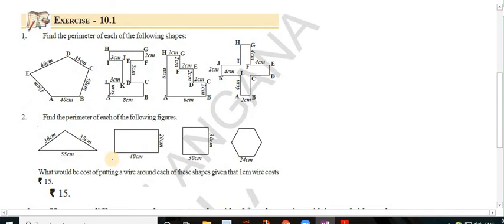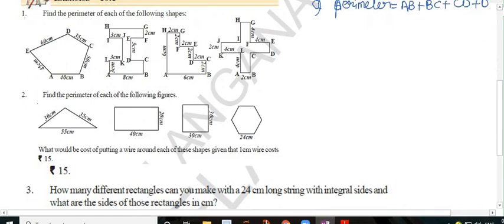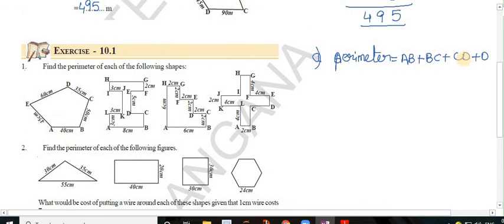Now our exercise will start. The same way we did in the example, in the same model we are going to do here also. So first one, A bit, perimeter is equal to, because he is asking to find the perimeter of the following shapes: AB plus BC plus CD plus DE plus AE.